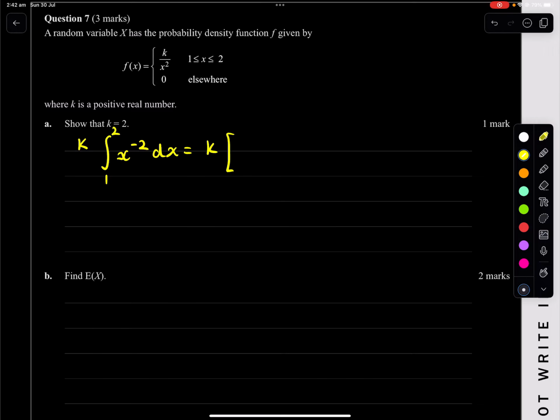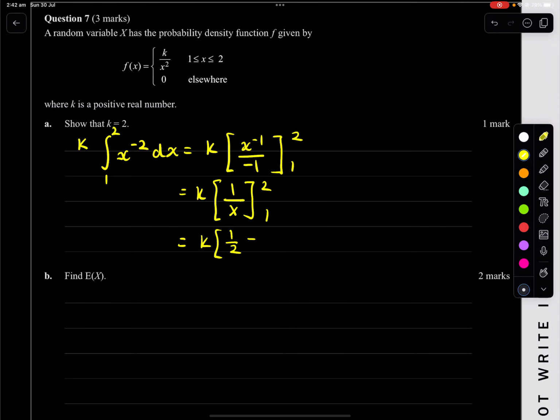So it will be x to the negative 1 over negative 1 from 2 to 1, which simplifies to 1 over x from 2 to 1. So k is half minus 1.